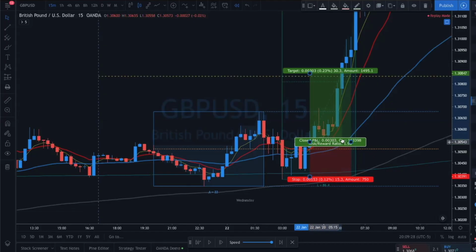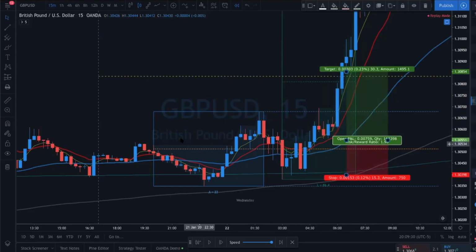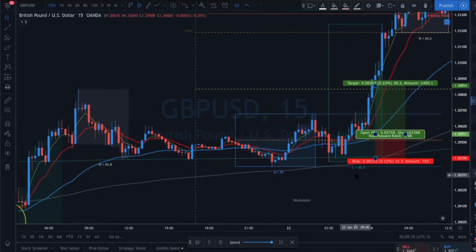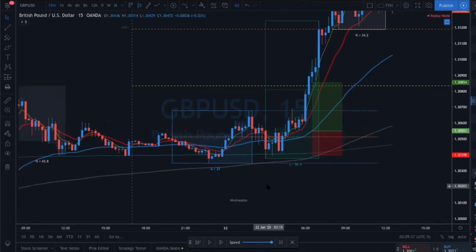Okay. I have been testing a different entry that you can possibly take, and that's basically waiting for just a close above the 13 EMA. I've only gone back as far as a year, so it's not fully tested like I normally do with a 3 year period.